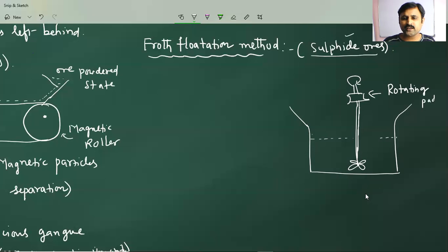So simply it is a stirring of the mixture. This is also having some extension, which I will show to you.